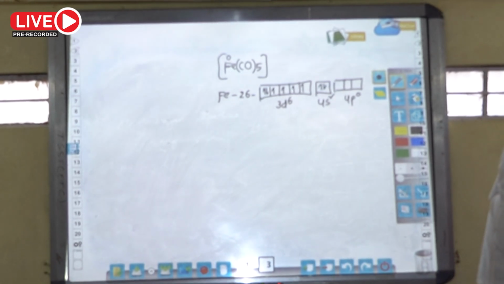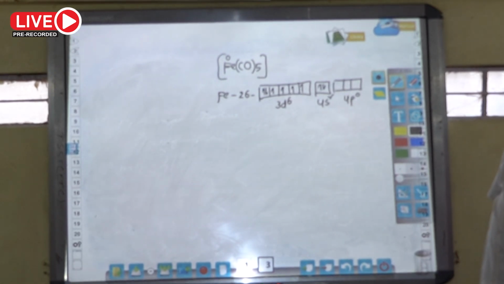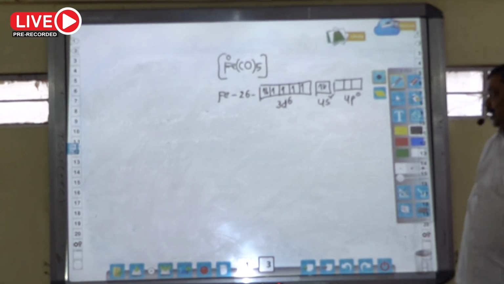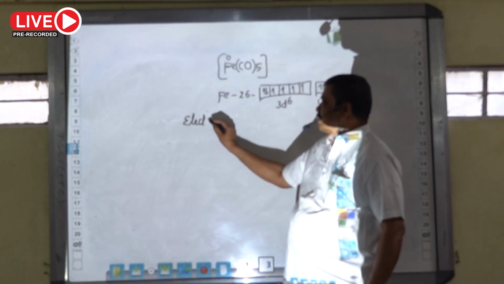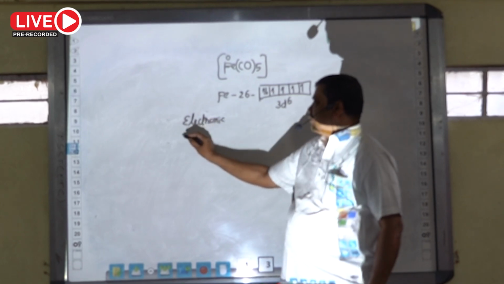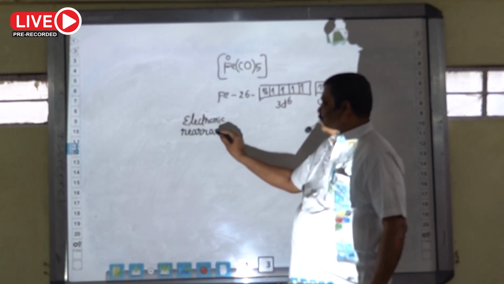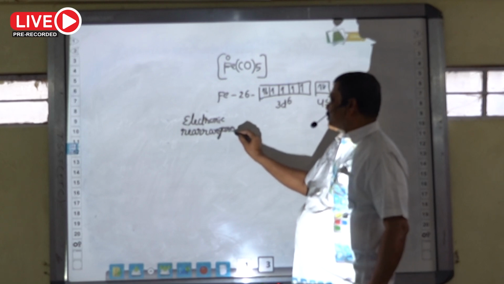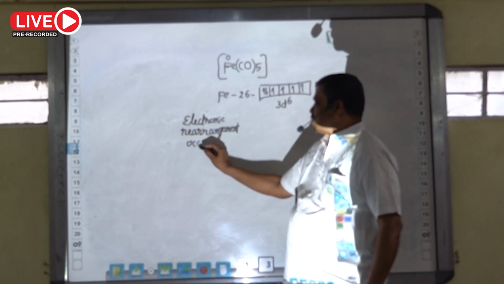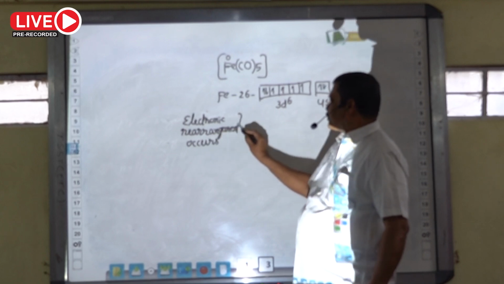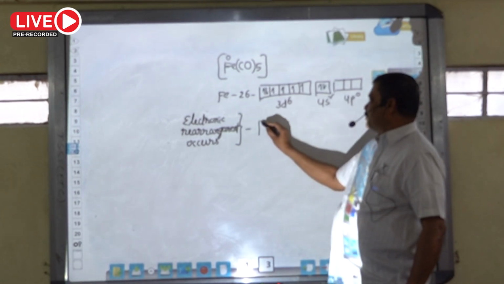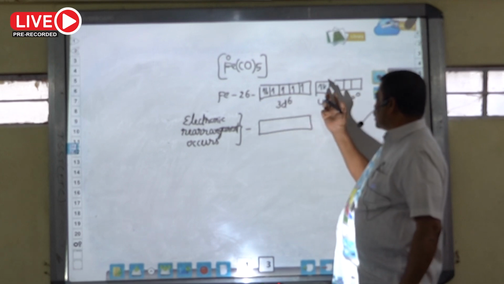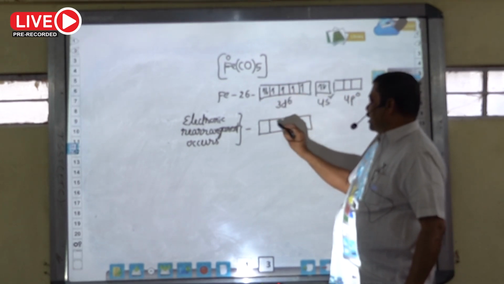How many CO are approaching iron? 5. The iron should provide 5 vacant orbitals for bonding. That's an electronic rearrangement. After the electronic rearrangement, the two s electrons are going to pair here.